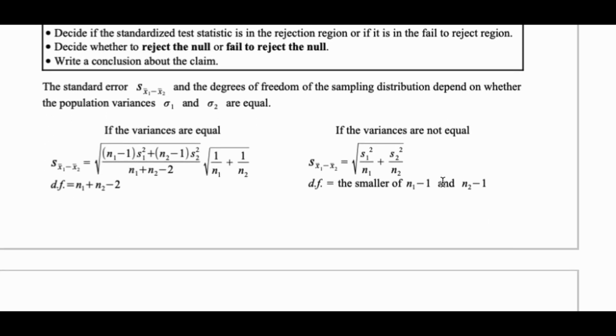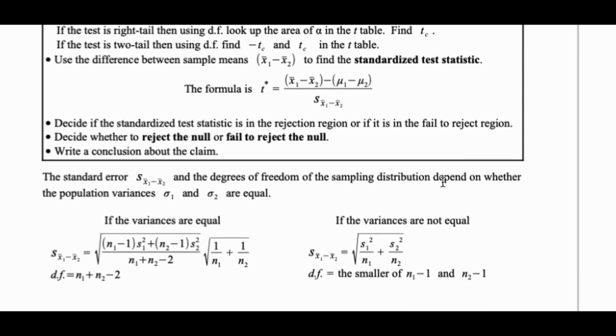The conditions for performing a t-test are that you do not know what sigma 1 and sigma 2 are. Let's take a look at how it works. One thing that's a little different is the standard error formula.